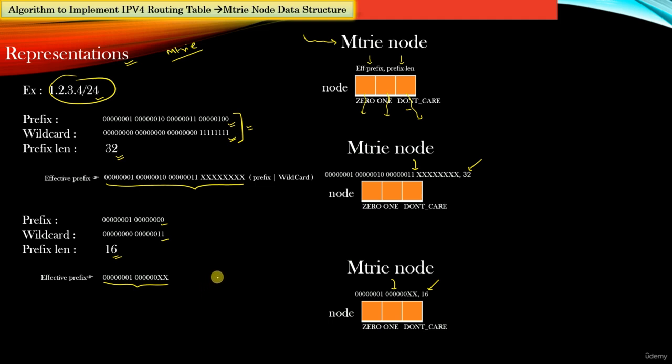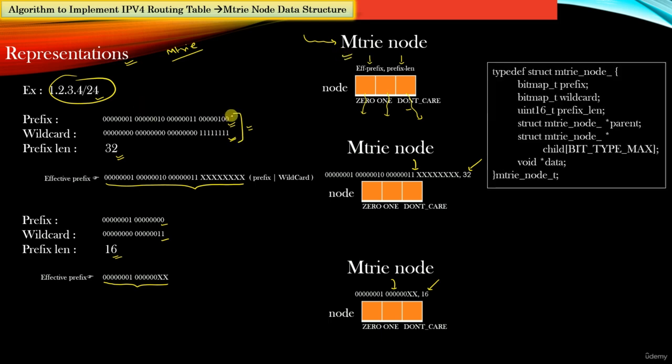Now note that each mtry node may store a part of the route or the entire route altogether. There is no restriction. Now if I were to ask you to write a data structure definition which represents an mtry node optimized for storing routes, you would say that this is such a data structure.